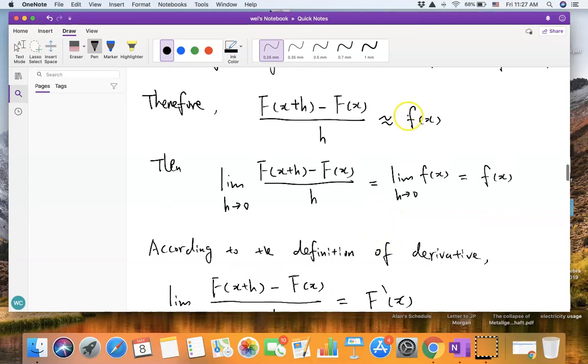And on the right hand side, when we take the limit of f(x) as h approaches 0, the result will be equal to itself.